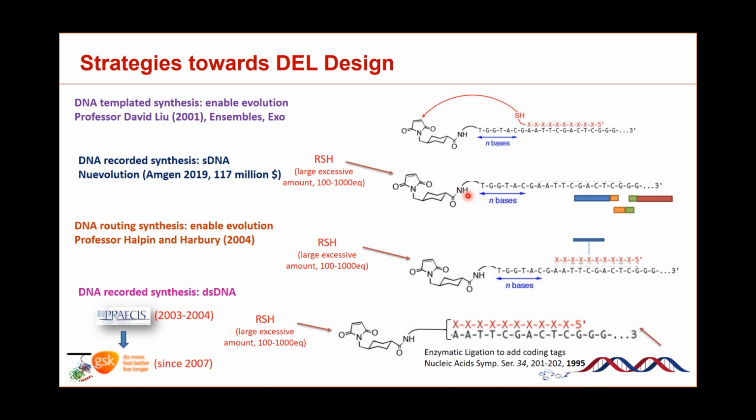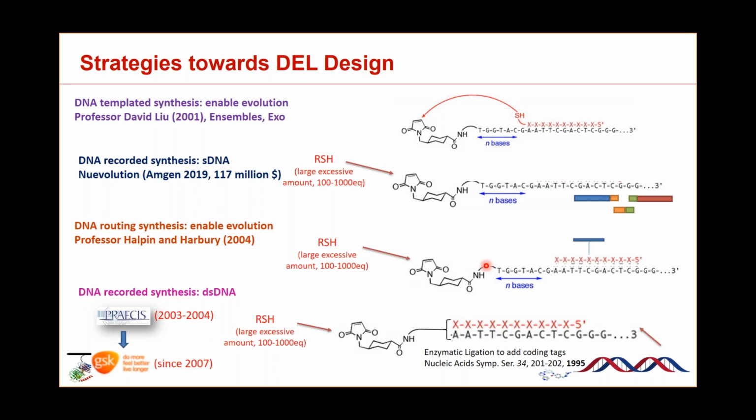Later, Professor Harbury also brought up the idea of making one of the strands basically immobilized, so you can take advantage of the older chemistry and bring solution chemistry into solid phase. They came up with this idea for DNA multi-step synthesis, and they can also do evolution.